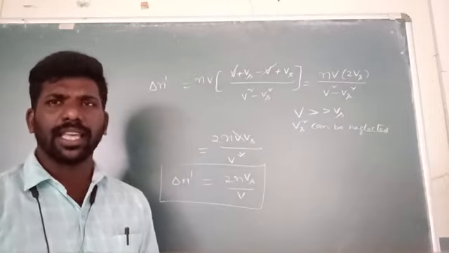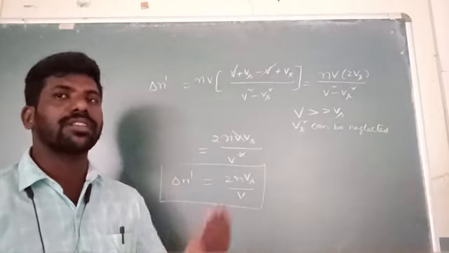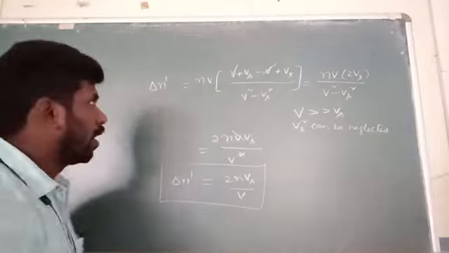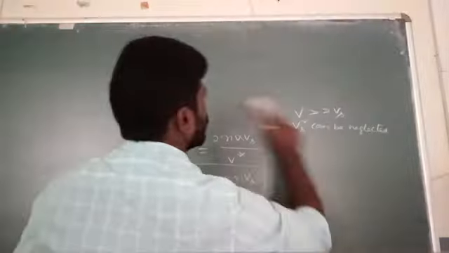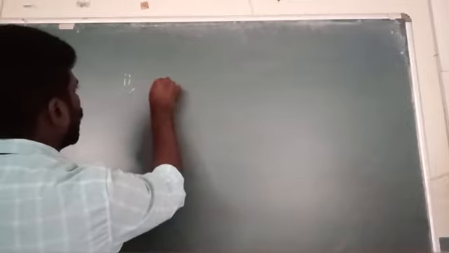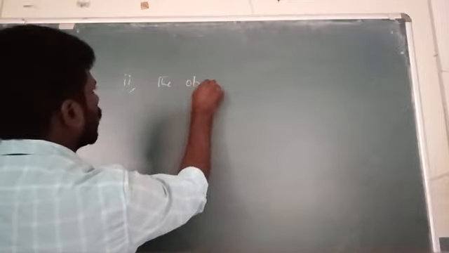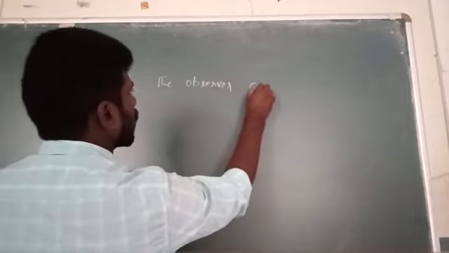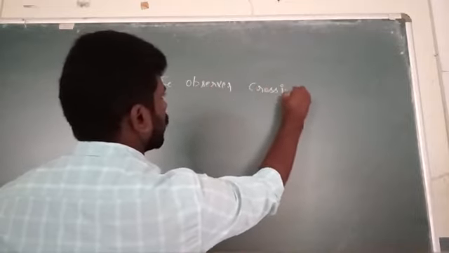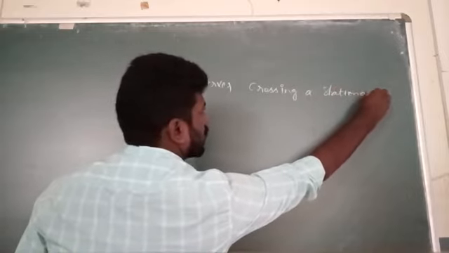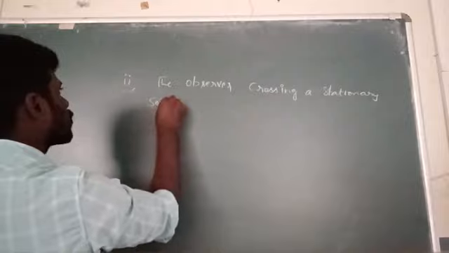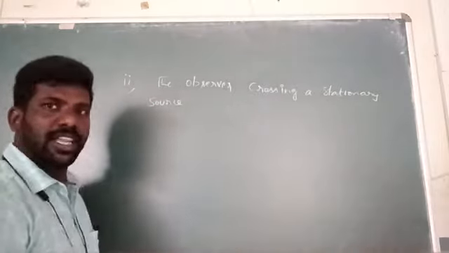There is another case, that is an observer crossing the stationary source. In a similar way, we can derive the second case. What is the second case? The observer crossing a stationary source.